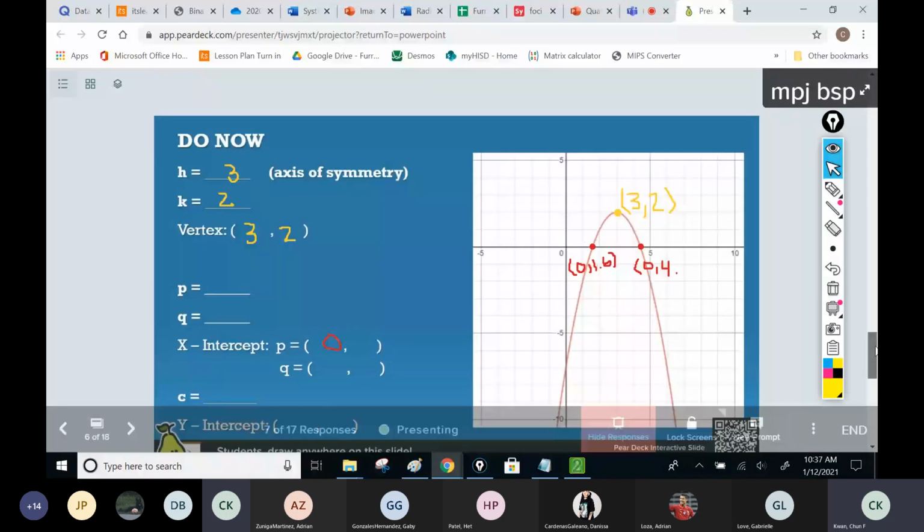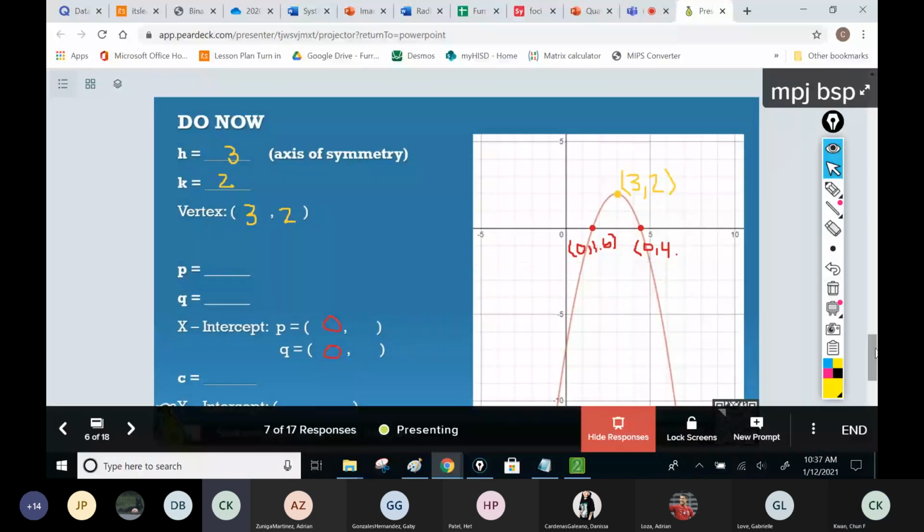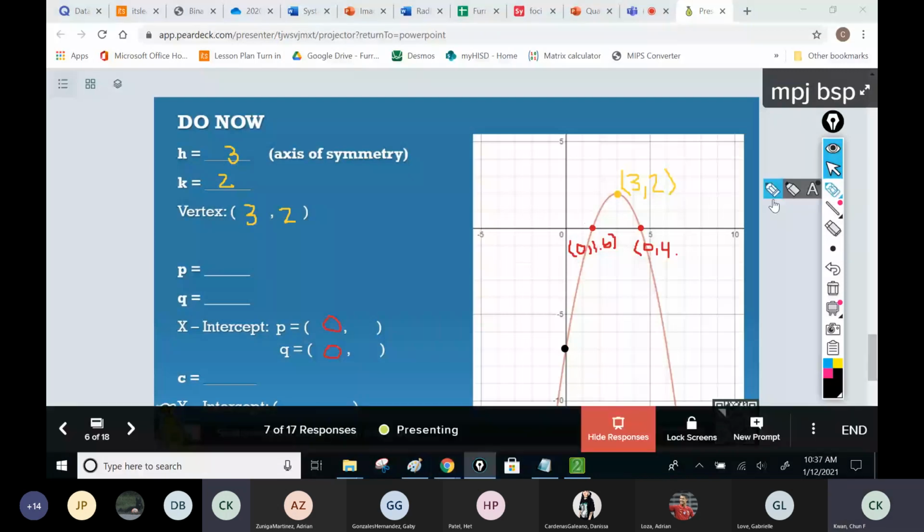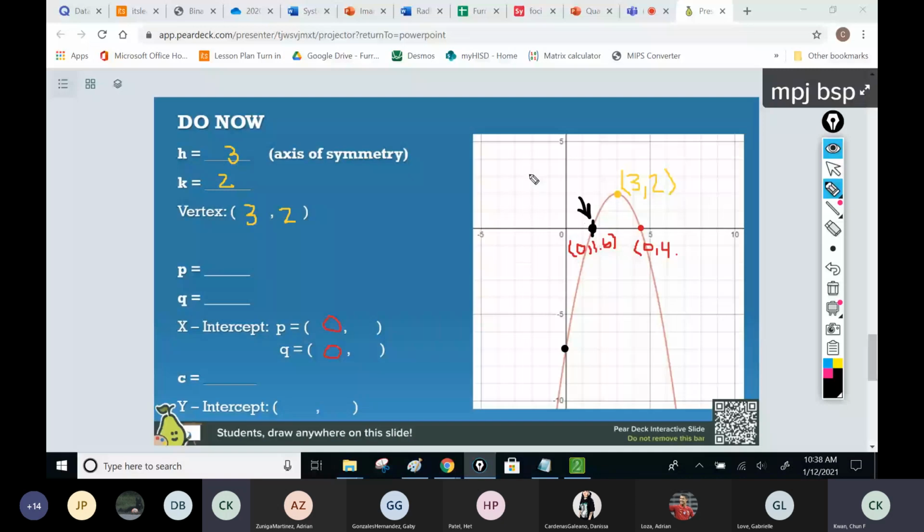Javier, stop for a second. At this point, you have to do the x value first. So the first number is the x value. We are looking at 1.6, and then the y value is 0. So it is 1.6 and 0, not the other way around.